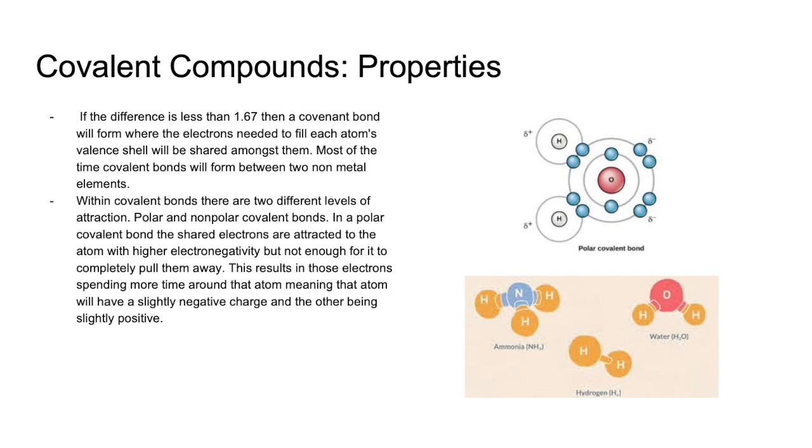This results in those electrons spending more time around that atom, meaning that atom will have a slightly negative charge and the other one will be slightly positive. This often results in the molecules orienting themselves with positive ends lining up with negative ends of other molecules.